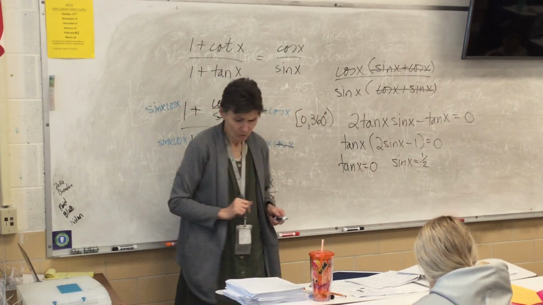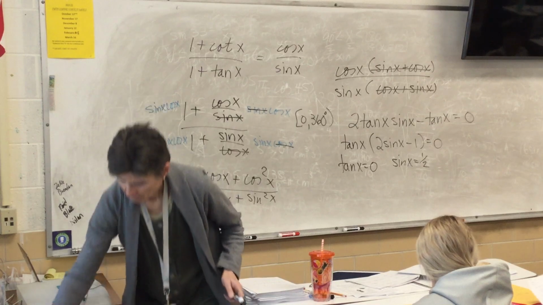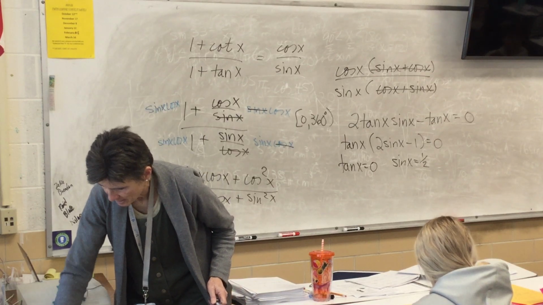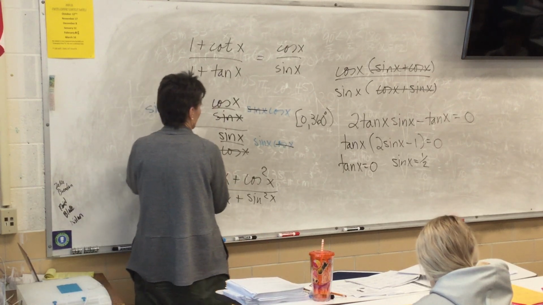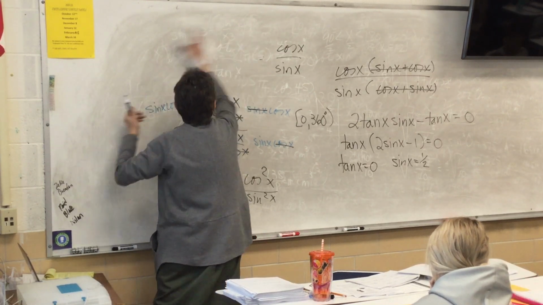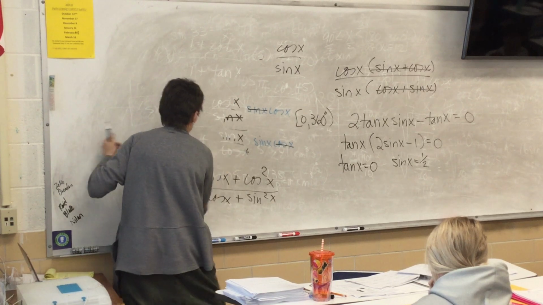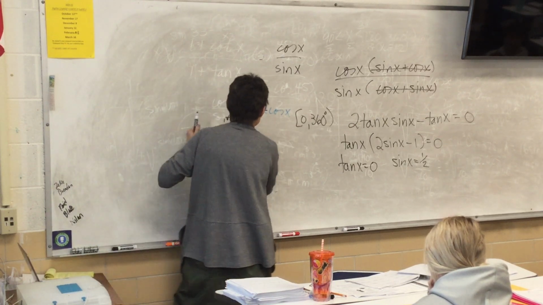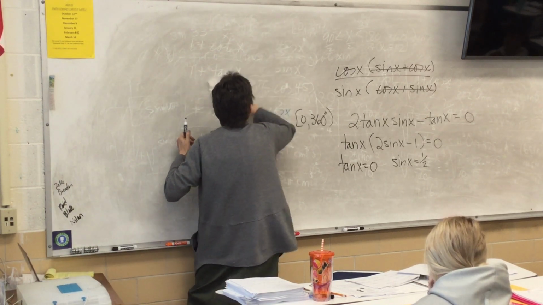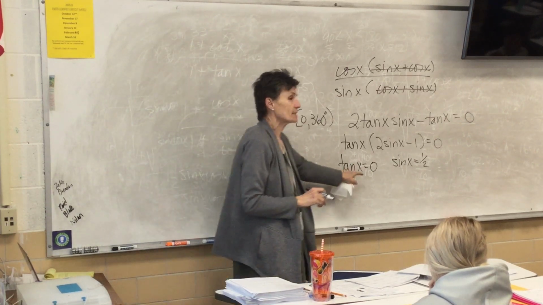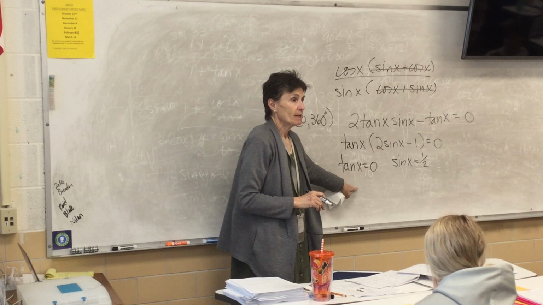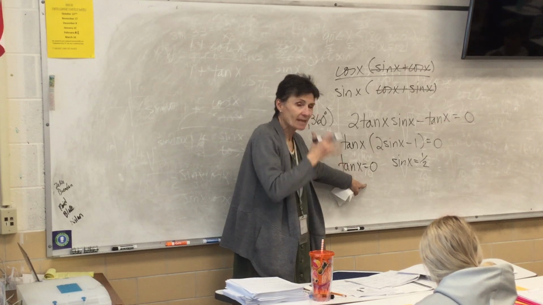Now zeros are those problematic things where I can't really draw a triangle, I have to look at my circle, right? So where on the circle will the tangent be 0? And again, you can't draw a triangle because tangent is opposite over adjacent, and the opposite can't be 0. A side can't be 0.